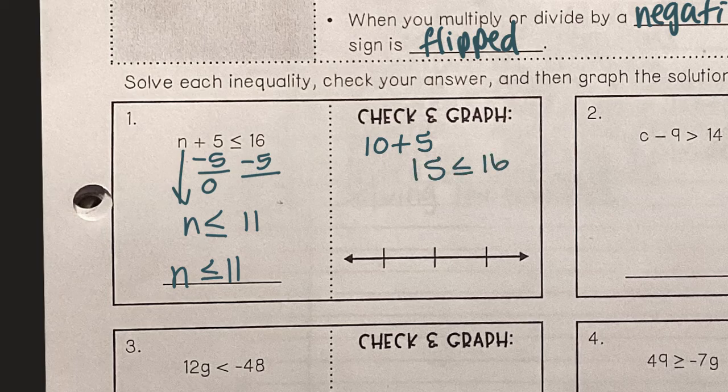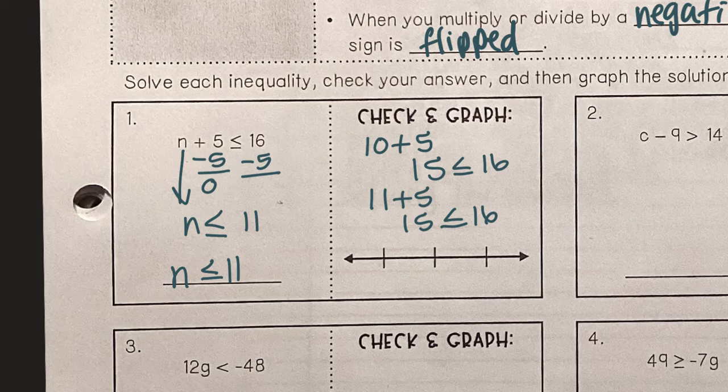Okay, I could even put 11 in there. 11 plus 5 is 15, and 15 is less than or equal to 16. You're just substituting any number that is less than or equal to 11 in place of n to check to see if it's right.